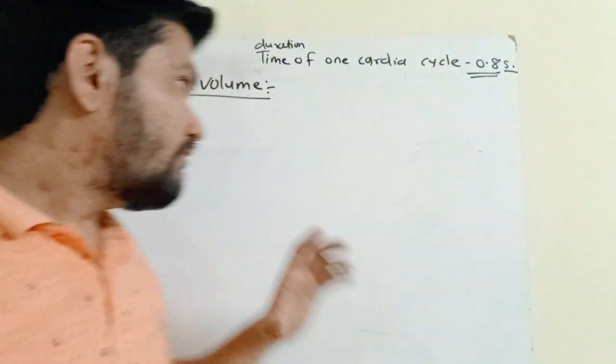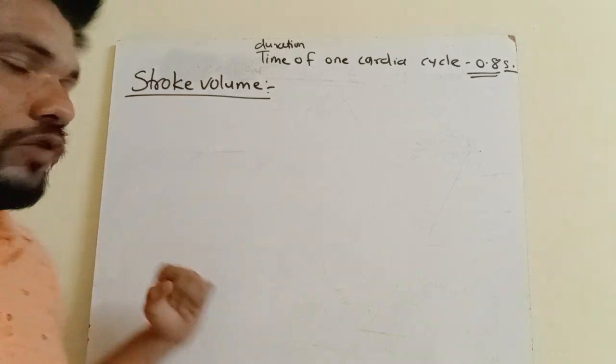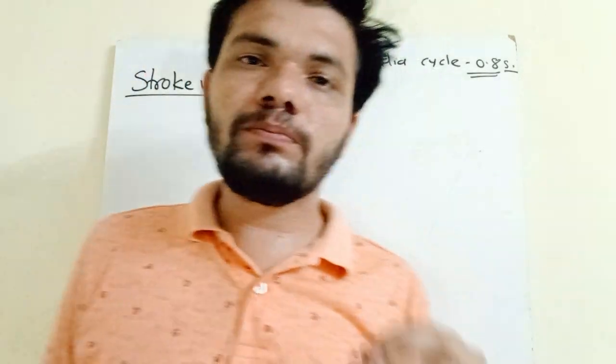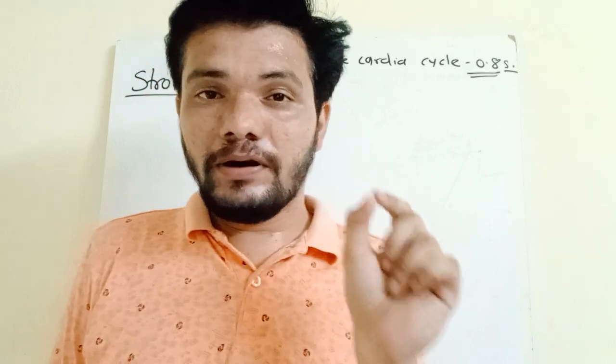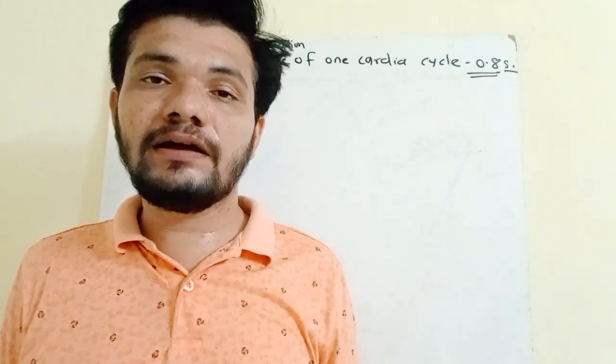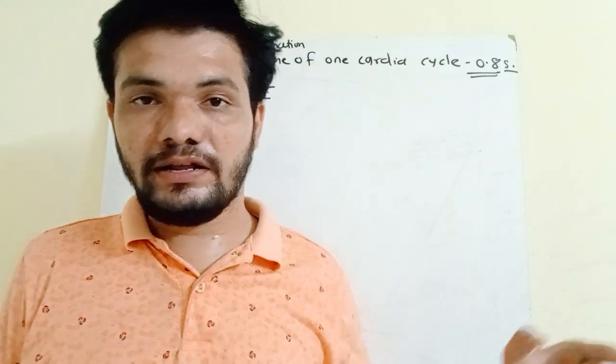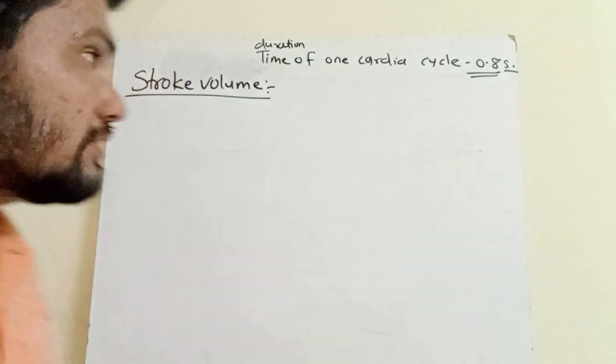So first of all, let's see what is stroke volume. Each ventricle pumps out blood per cardiac cycle, that is 70 ml of blood is pumped out from each ventricle. So this is your stroke volume.